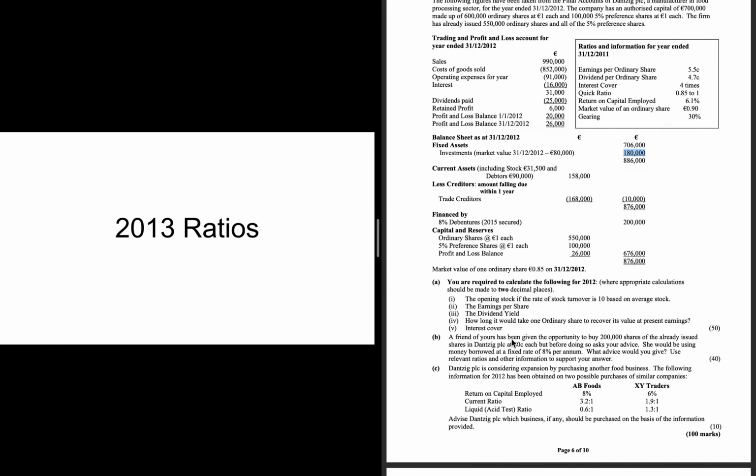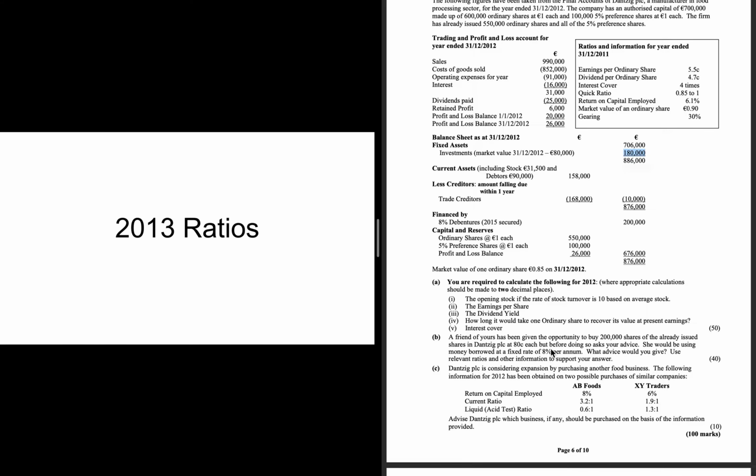You've been given the opportunity to buy 200,000 shares. So remember, you have to put in the market value of shares as one of your answers when we're asked this way. It's very similar to one from maybe 2016, was it? Where you have a choice of buying the shares at 80 cent each. So you're spending 160,000 on existing shares at a borrowing rate of 8%.